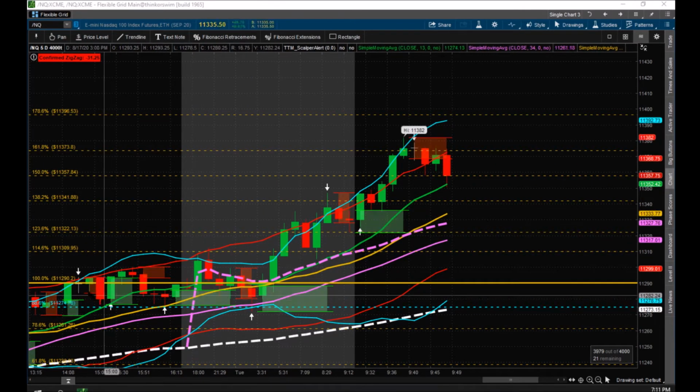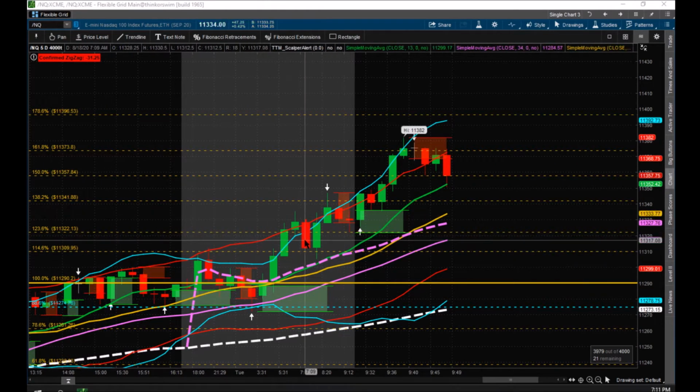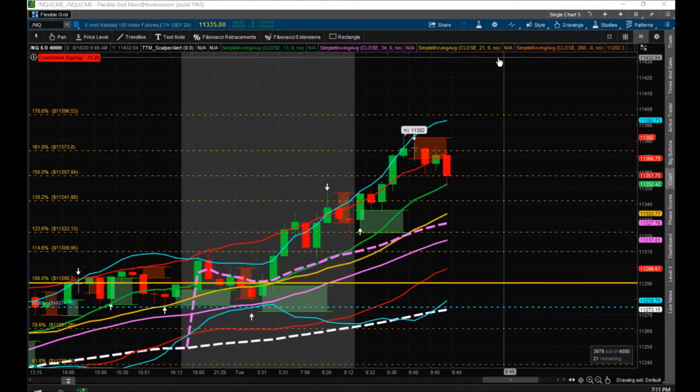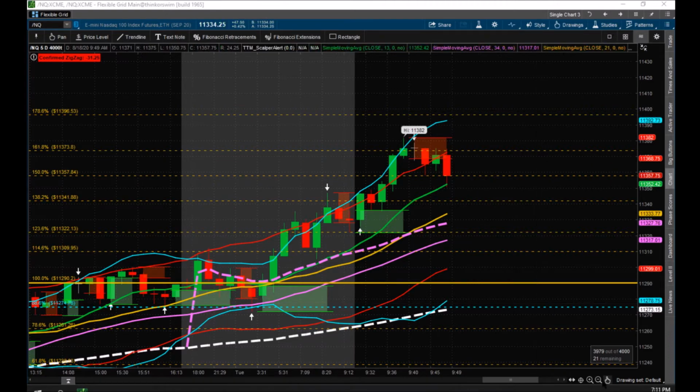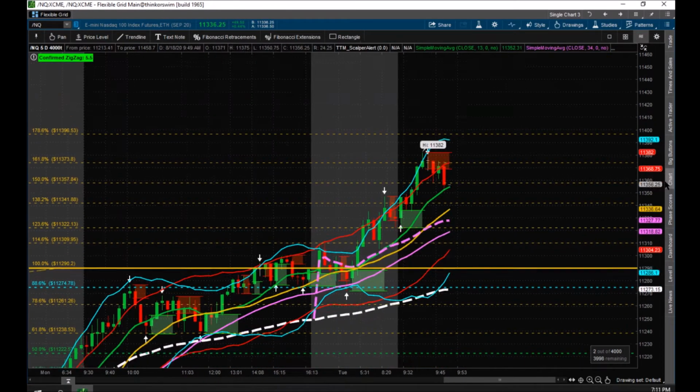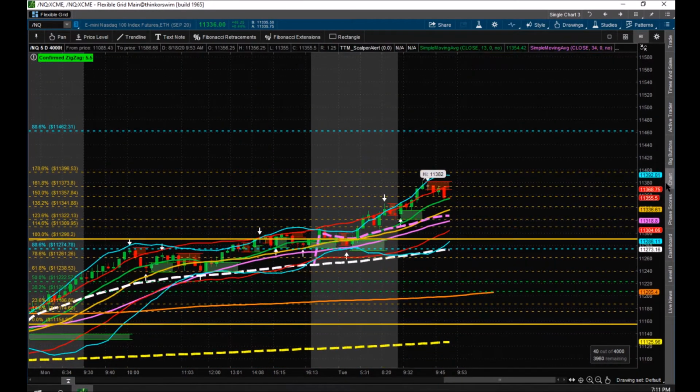The Fibonacci is already placed. Basically, what I did is went from the previous high to the previous low. So I went from this area here to this area here, which is the high right there, and this is the low.